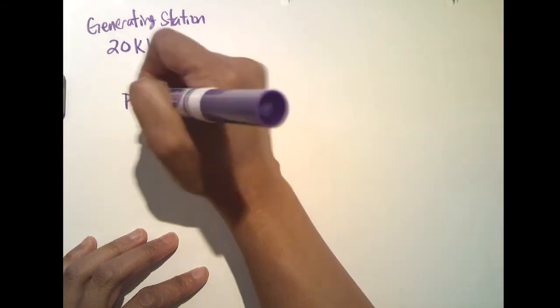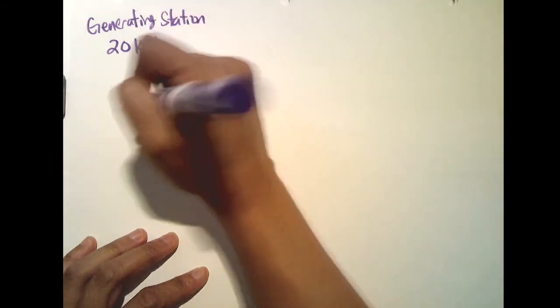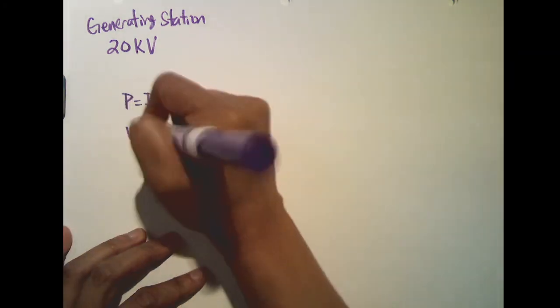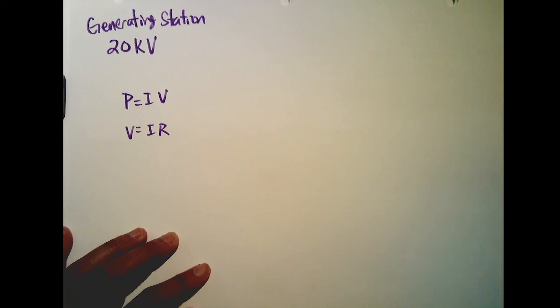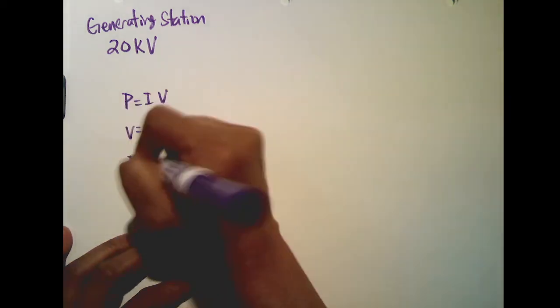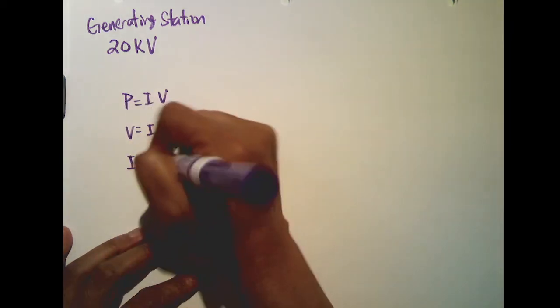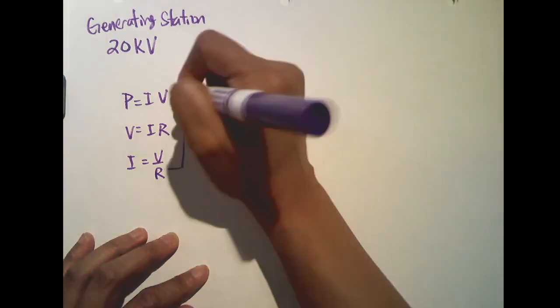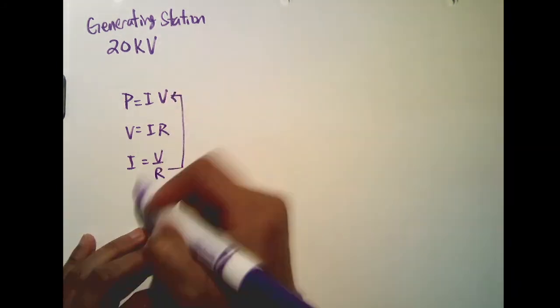Okay, so how do I know this? Well, remember, power from grade 9 electricity is equal to the current times voltage, for example. And you know Ohm's law is V equals I times R. I'm just going to rearrange it so the current is voltage divided by R. Okay, I'm going to sub that in there, and this is what I'm going to get.